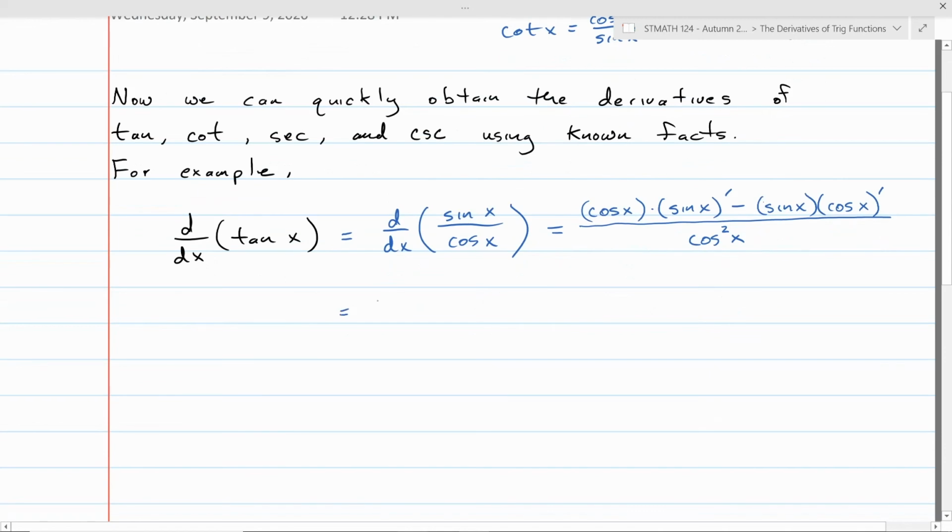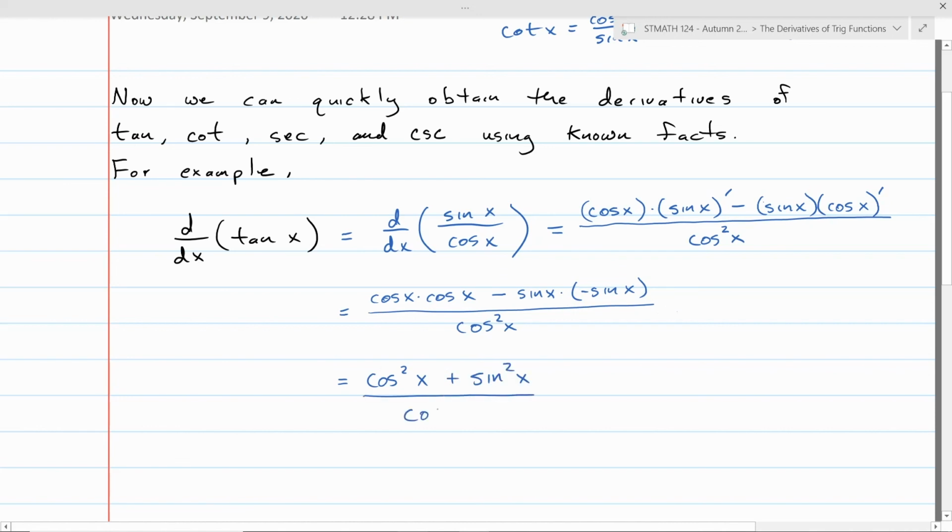And we just learned that the derivative of sine is cosine. So in that numerator, we get cosine x times cosine x minus, then we have sine x, and the derivative of cosine is negative sine. So what we really have in the numerator there is cosine squared of x plus sine squared of x all over cosine squared of x.